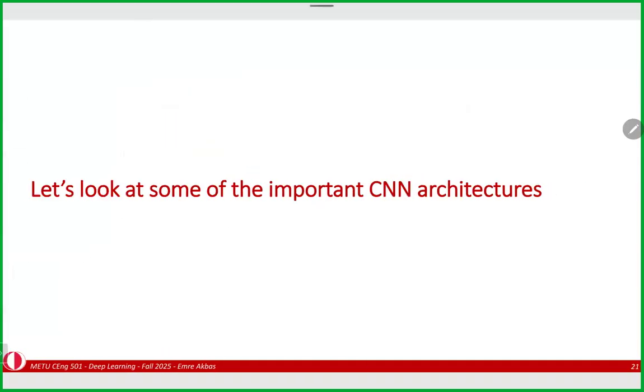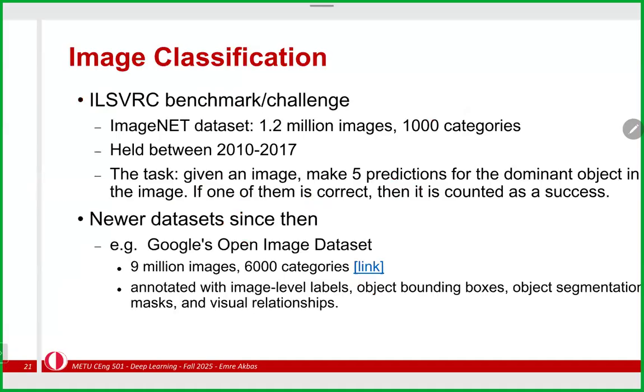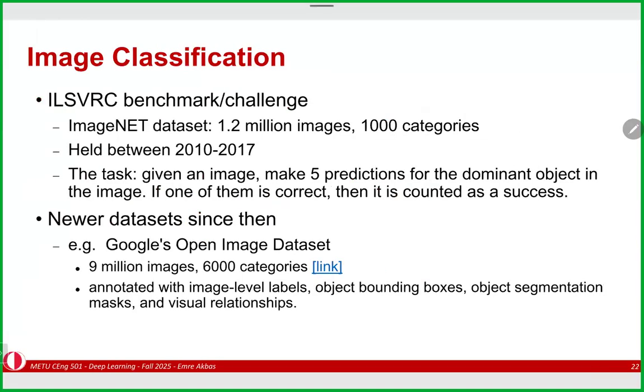Okay, now let's look at some important CNN architectures. We will do that through the image classification ImageNet benchmark, which is called ILSVRC, the ImageNet Large Scale Visual Recognition Challenge. It had 1.2 million images consisting of 1,000 categories.